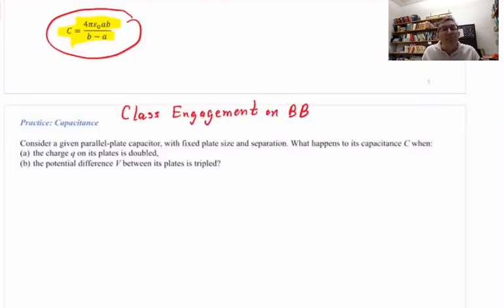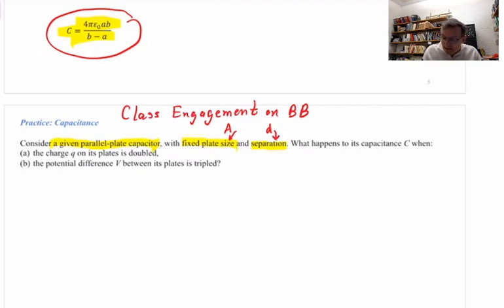Consider a given parallel plate capacitor with fixed plate size, that would be area A, and separation, that would fix the distance D between the two conductors. Here's the question.